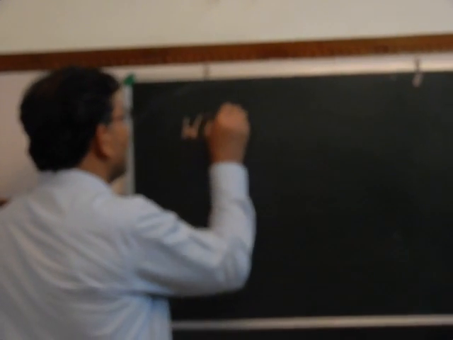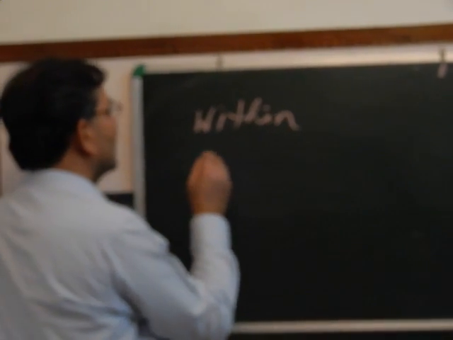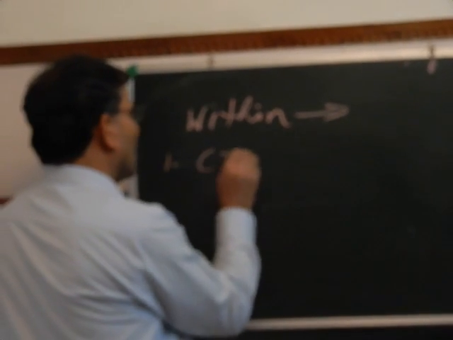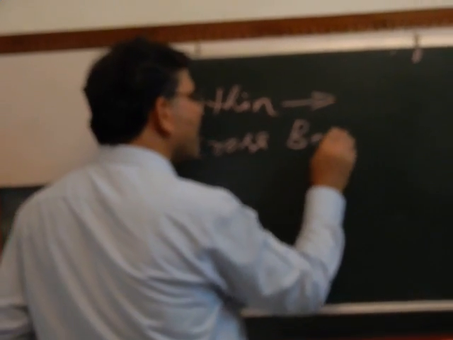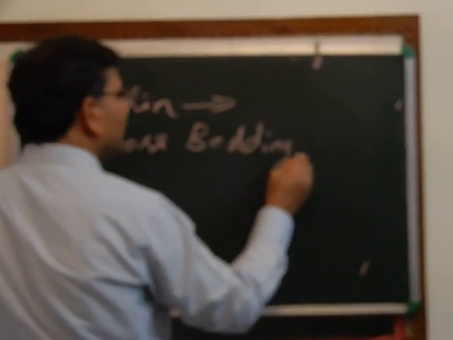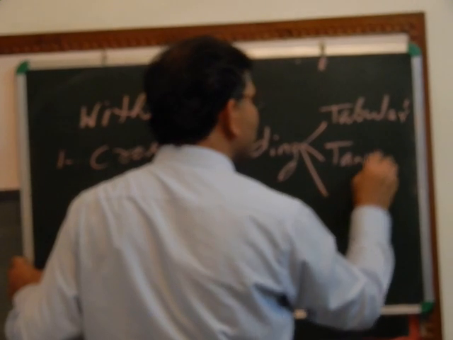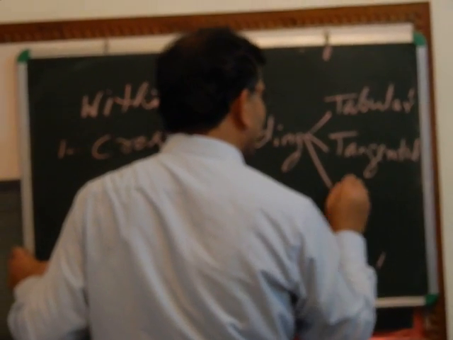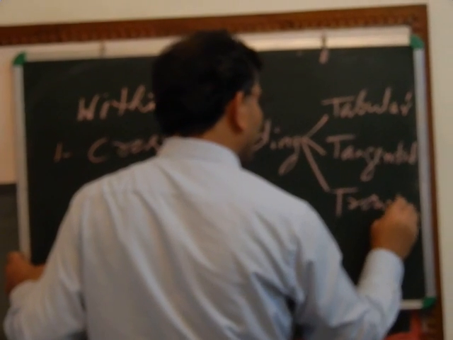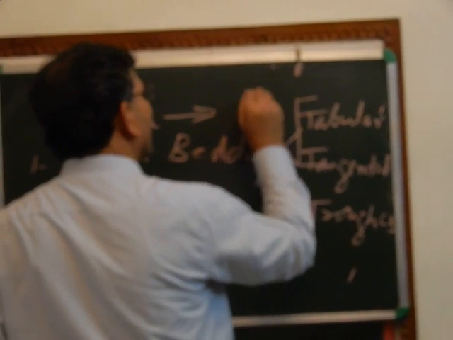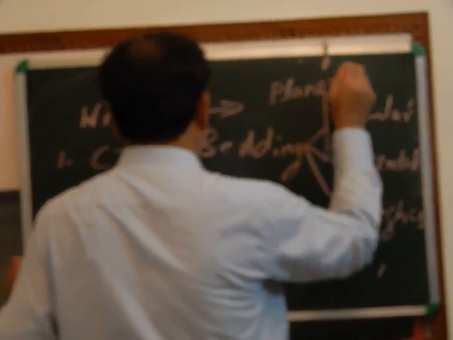But only to name the sedimentary structures which are formed within the bed, I would like to write that all those physical sedimentary structures which are formed within the bed are cross bedding: tabular cross bedding, tangential cross bedding, and trough cross bedding. The tabular and tangential are various types of planar cross bedding.